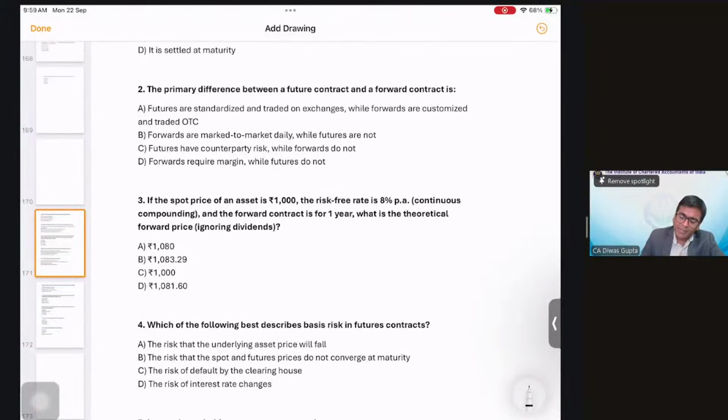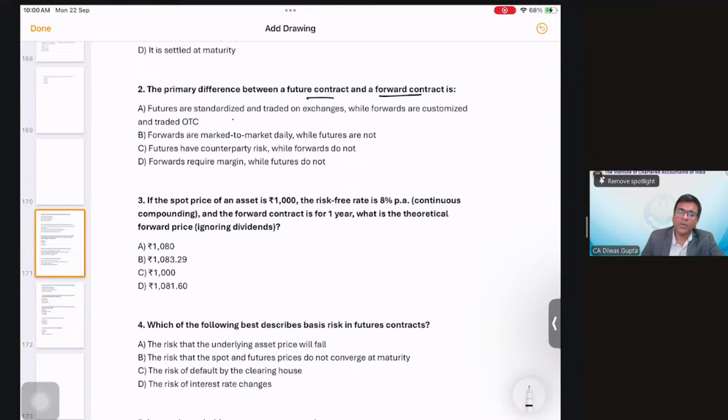Second, the primary difference between a future contract and a forward contract is: futures are standardized and traded on exchange, while forwards are customized and traded OTC. Forwards are marked to market daily, while futures are not. Futures have counterparty risk, while forwards do not. Forwards require margin, while futures do not.